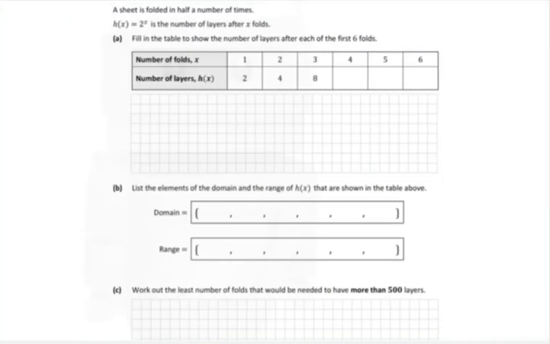Okay, let's carry on. Alright, so now we have a table here. We can see a progression. This one's a nice question just to introduce the exponential functions. So we have a table. It shows the number of layers for each of the 6 folds. You can see when the fold occurs, we'll have double the number of layers of the previous number.